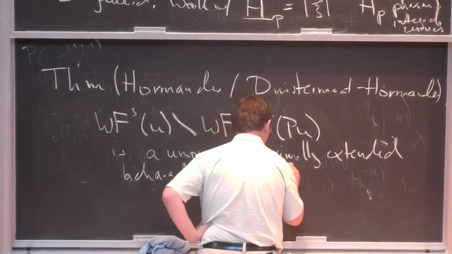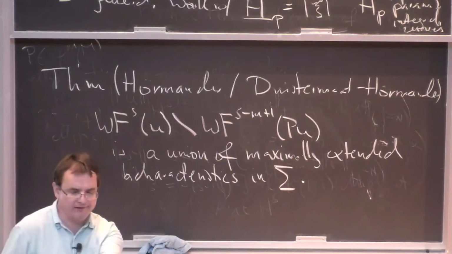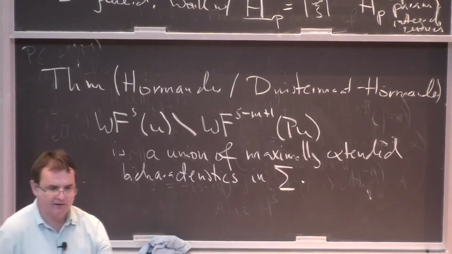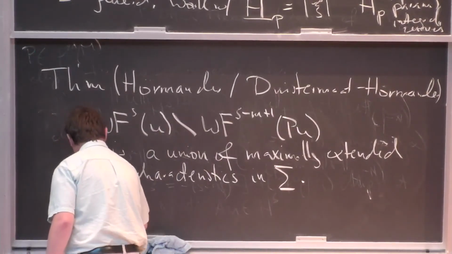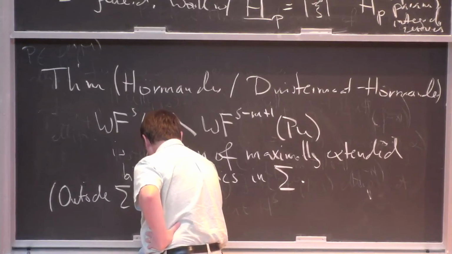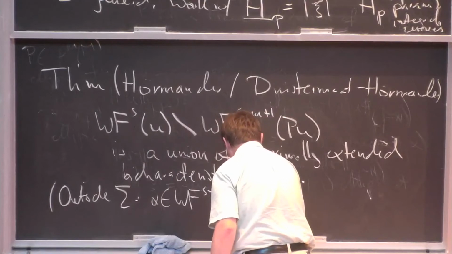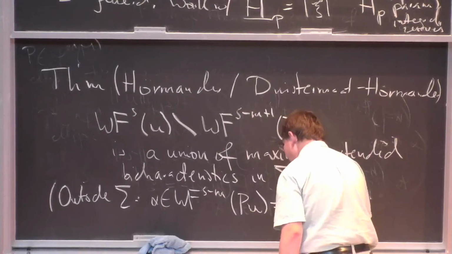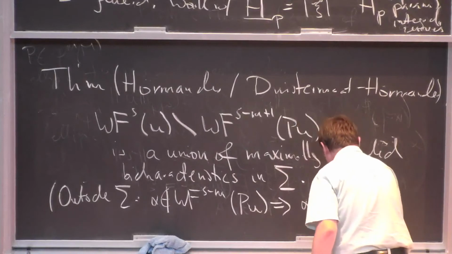In sigma. So outside sigma, right, we are controlling everything. We have elliptic regularity. So if you know at a point Pu is nice, the elliptic parametrix construction, which I said works microlocally, tells you that outside sigma, we have the statement that if alpha is not in the wavefront set of S minus m, it's an m-Sobolev operator of Pu, then alpha is not in the wavefront set S of u.